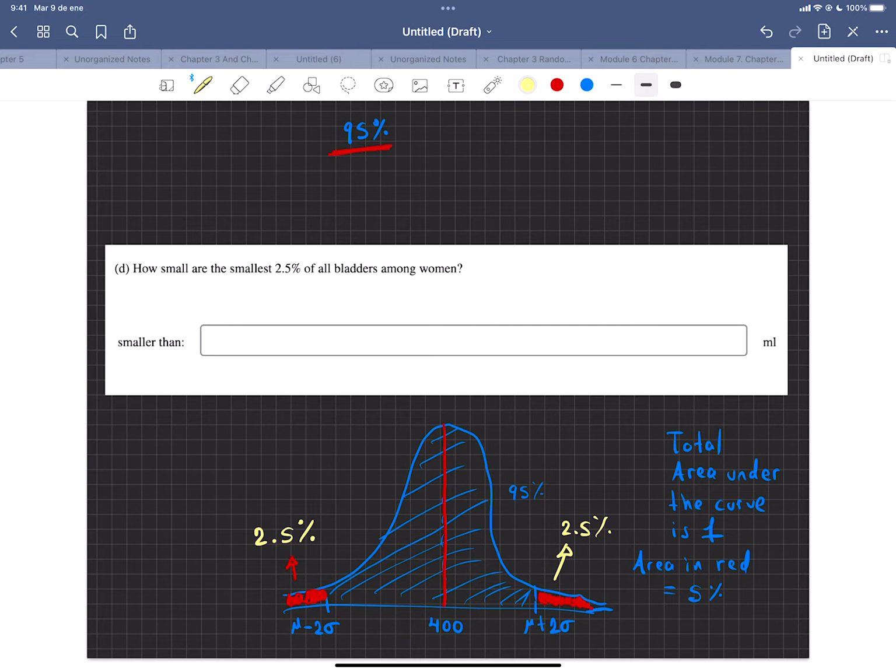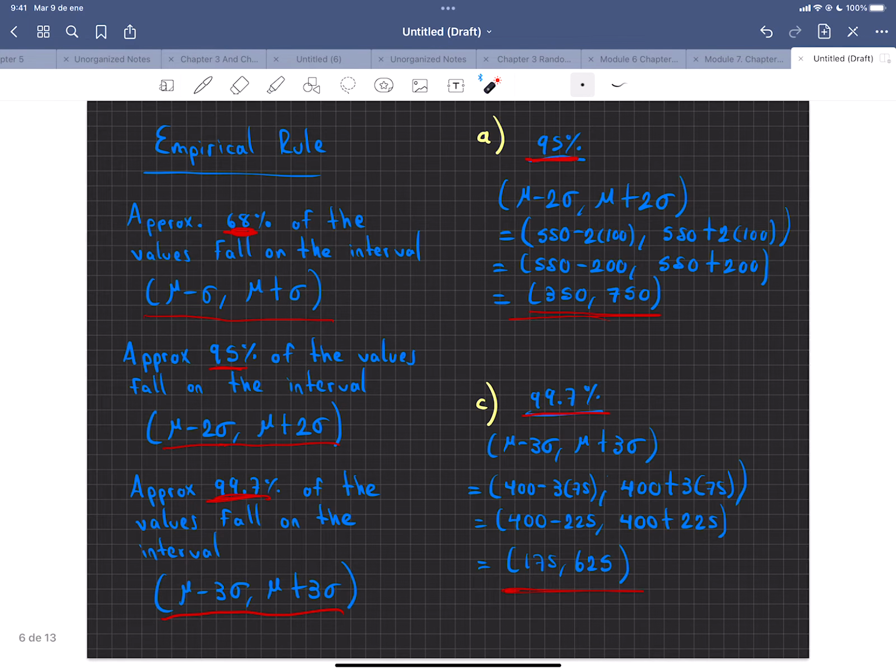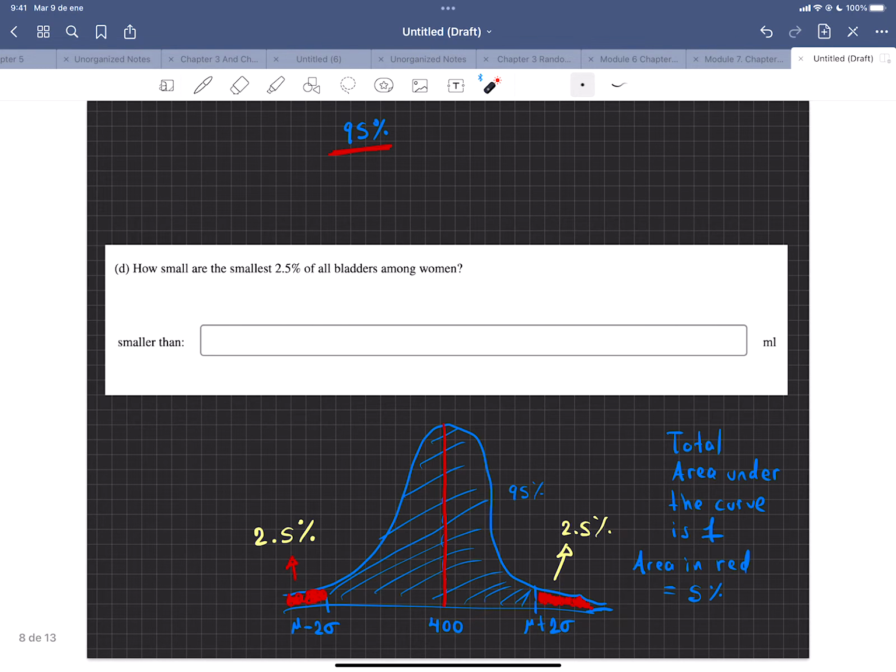So we're looking for this one here. So apply the empirical rule. The empirical rule for 95% is this one. Mu minus 2 sigma, mu plus 2 sigma.